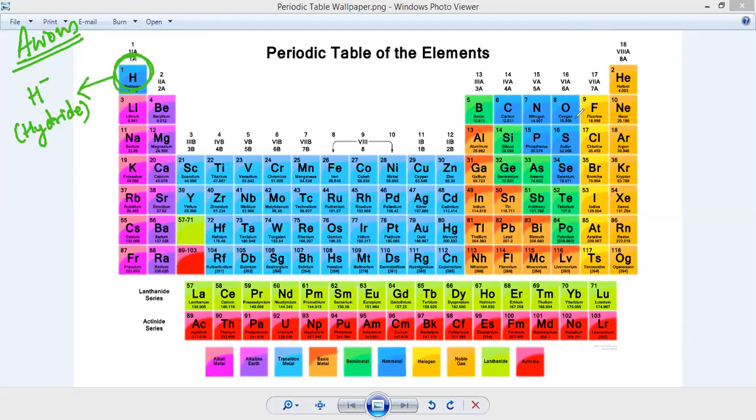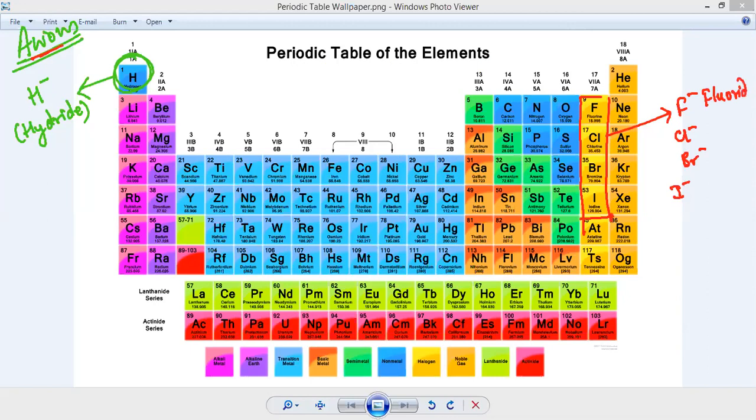Okay, so these are some of the anions. First is your hydride ion, H minus. Next, these elements are there: fluorine, chlorine, bromine, and iodine. So these form F minus, Cl minus, Br minus, and I minus.